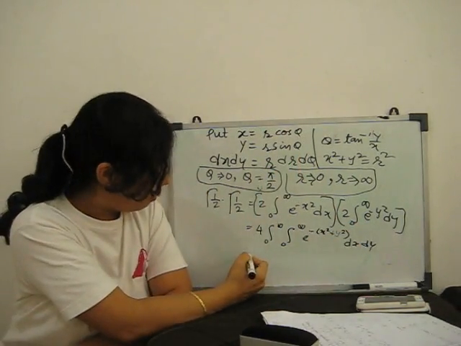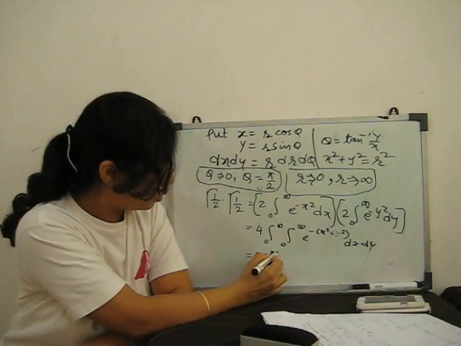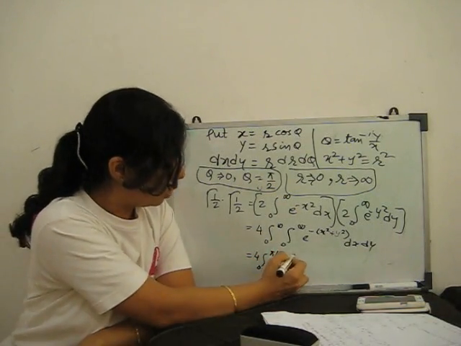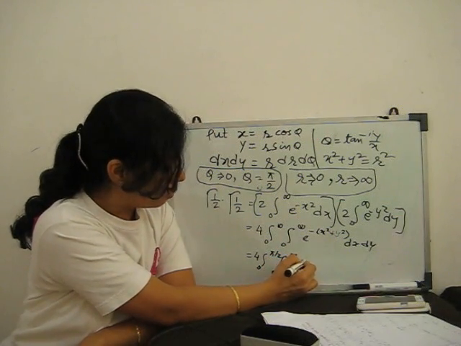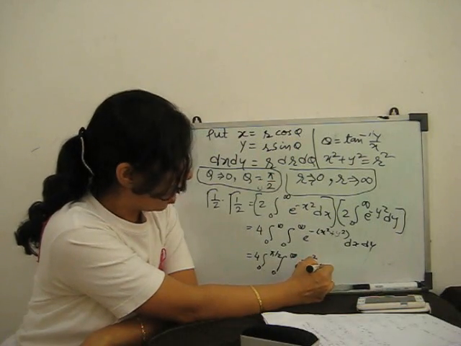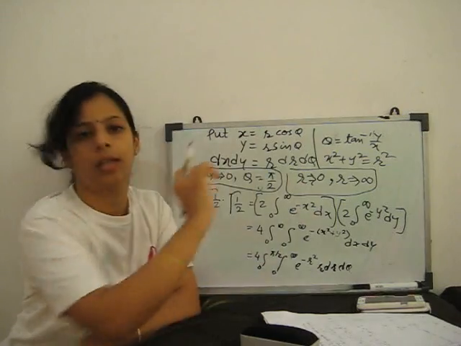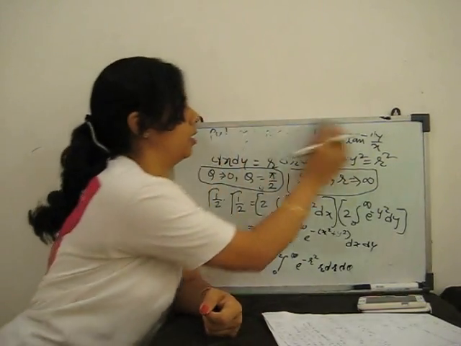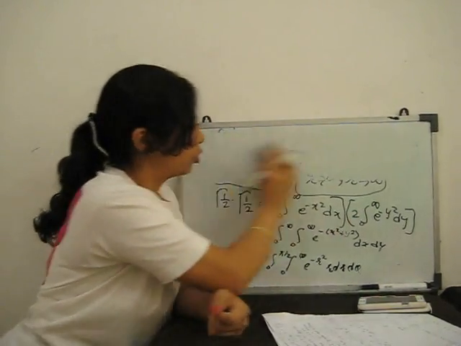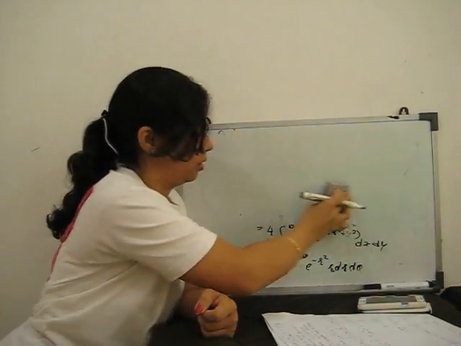So our integral becomes 4 times integral 0 to pi by 2, 0 to infinity e to the power minus r square, where dx dy is equal to r dr d theta.